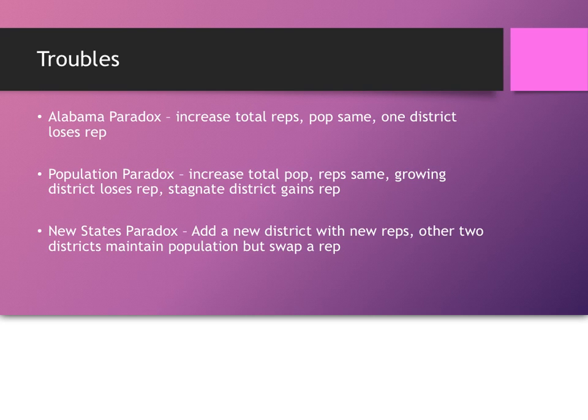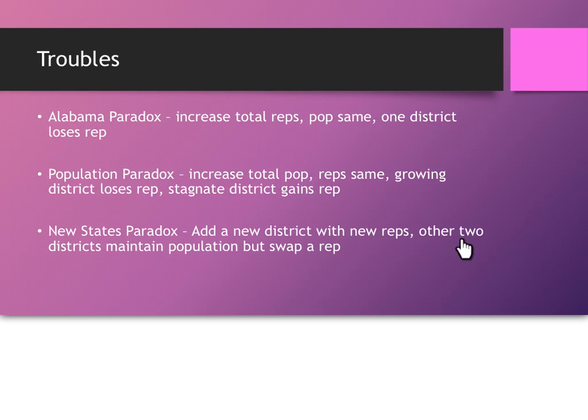Well, it is possible for 2 districts to actually, because of that extra 5 representatives, swap a representative. So a new district's added, let's say District G. They get their allocated representatives.